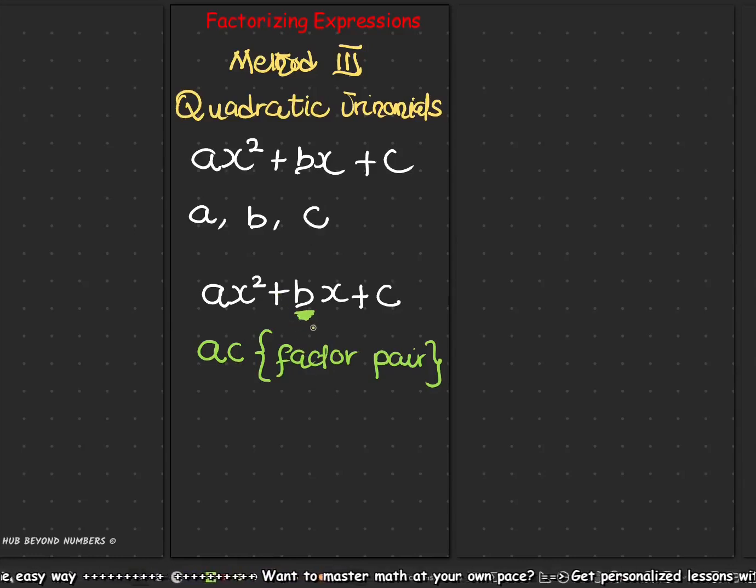If you are able to do that, then you split b with these factor pairs, and that would help you get an even number of terms. So from 3 terms, that is trinomials, we will change it into an even number of terms. Then we go back to our previous method, that is the method of grouping, and then we solve accordingly. So let's take some examples so we can see how this method works.